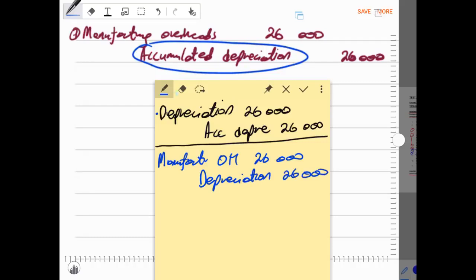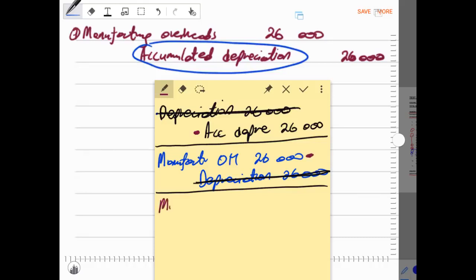So now we have this entry that is left, where our depreciation was debited and our depreciation was credited. So this depreciation will cancel this depreciation. There is nothing left under depreciation. So the summary entry, if I may call it that, will be the accumulated depreciation, which is on the credit side, and the manufacturing overheads, which is on the debit side.